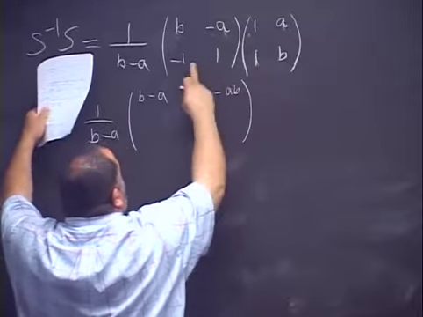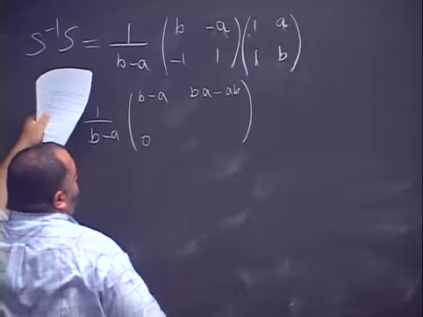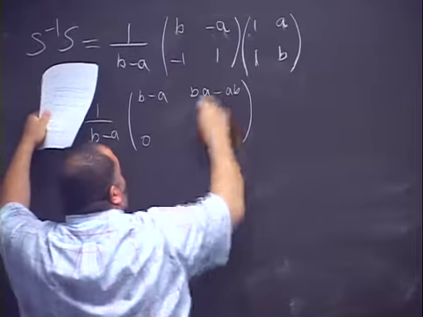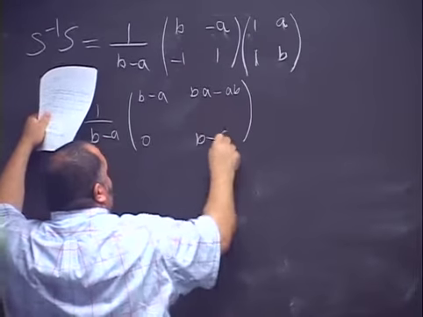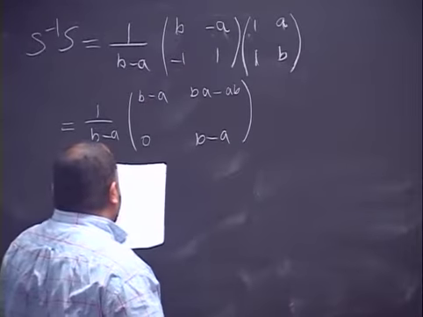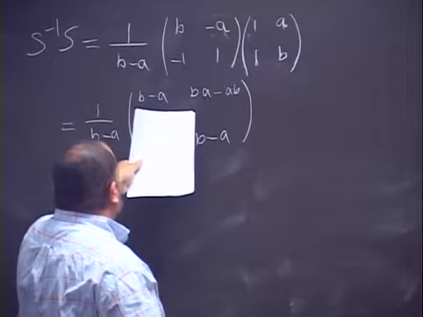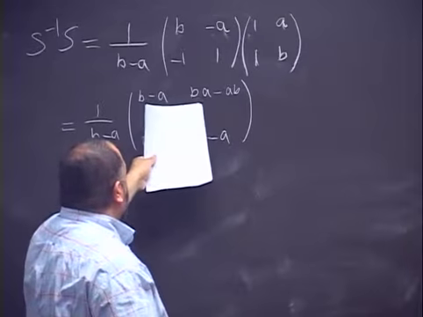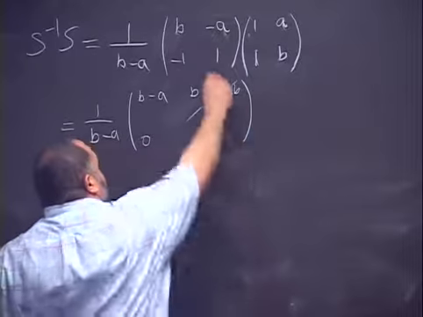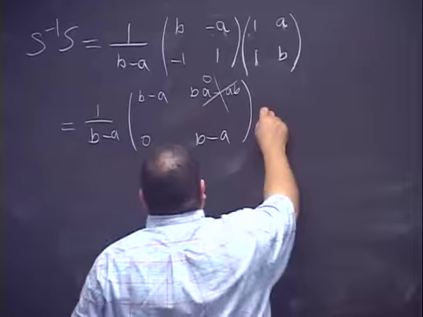Then minus 1 plus 1 is 0. And this one will give you B minus A, and here B minus A is also 0.